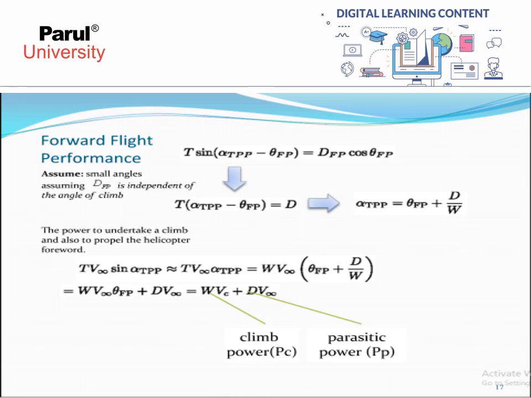Now we put in the values: T is equal to W, and alpha TPP is equal to theta Fp plus d by W. After opening the bracket, we get W V infinity theta Fp plus d V infinity. Now V infinity theta Fp is nothing but Vc, so W into Vc plus d into V infinity. The first term is called climb power Pc and the second term is called parasite power Pp. Understood? Now we can go to the next slide.